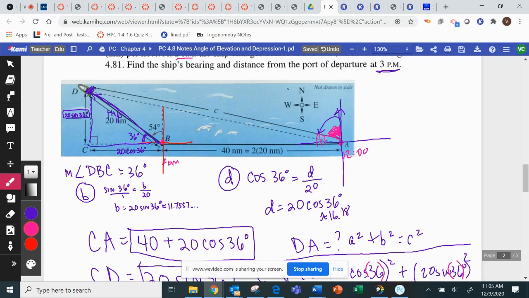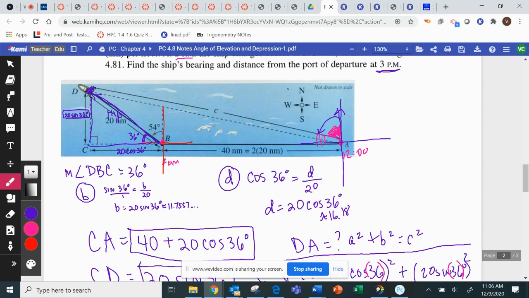So what I'm going to do is use 2 side lengths, and use trigonometry with the inverse to find that angle, just like we did in the laser pointer question. And I'm going to use the exact side lengths. So I'm going to use side DC and side CA because those are not rounded, where my side C was rounded and uglier. So I'm going to use the opposite and the adjacent.